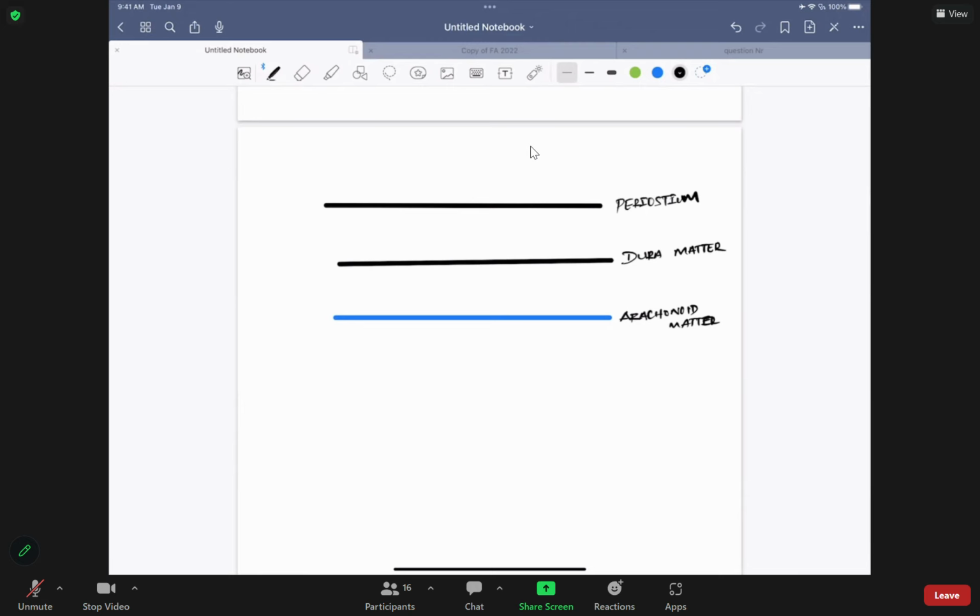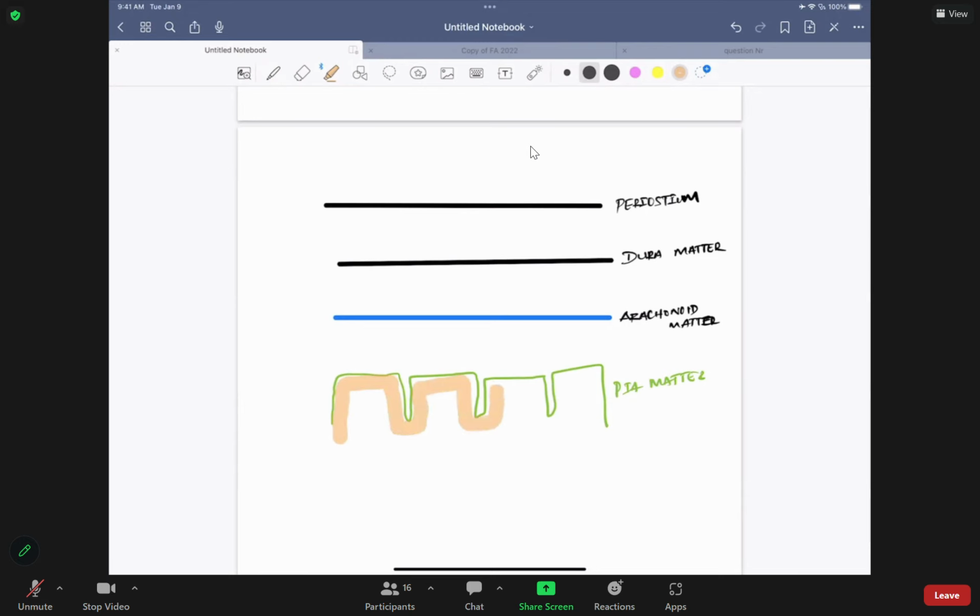Then you have that's your pia mater. Inside the pia mater, you have the brain.